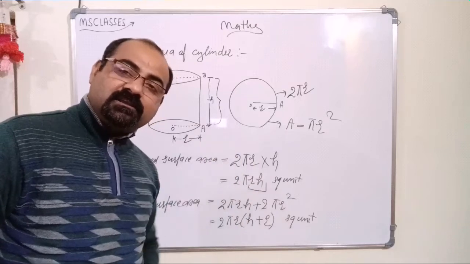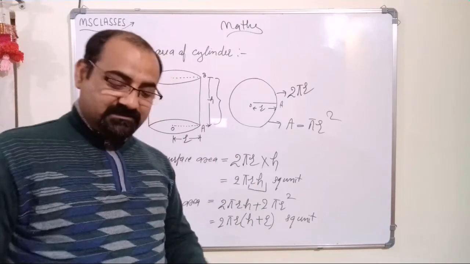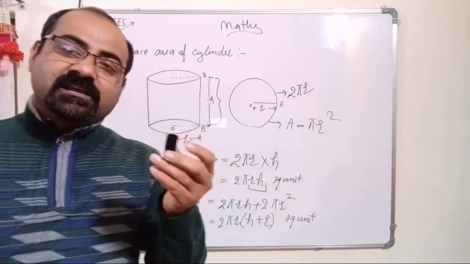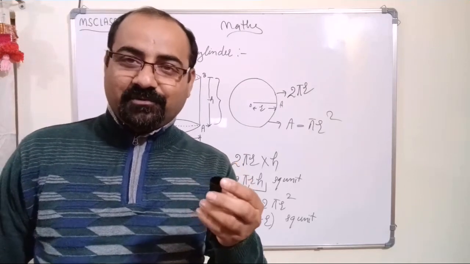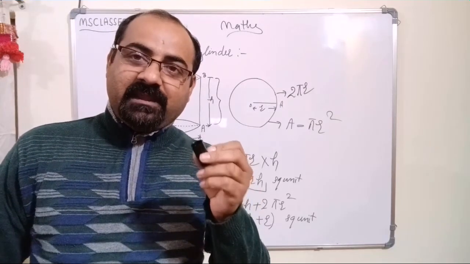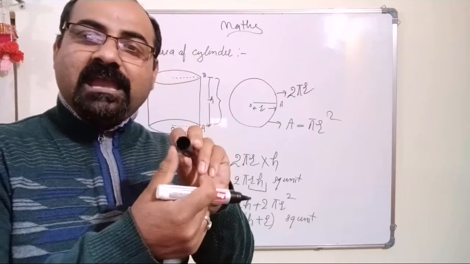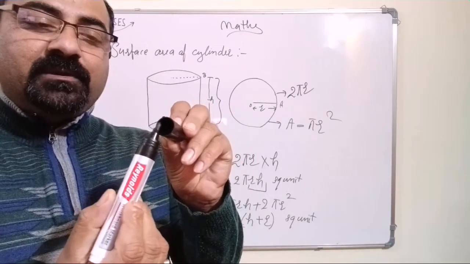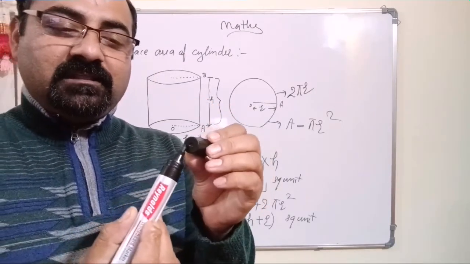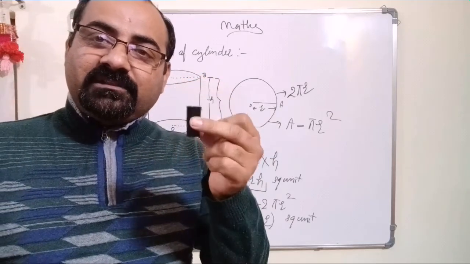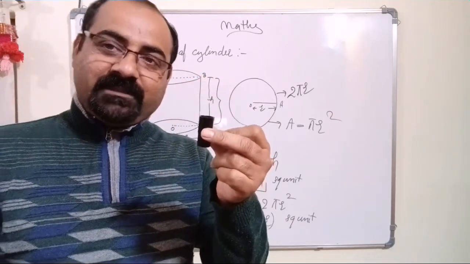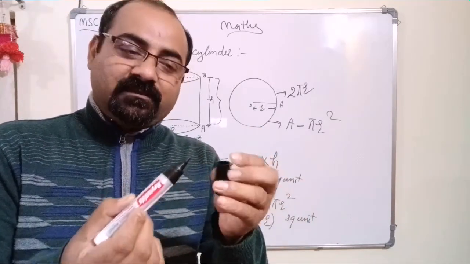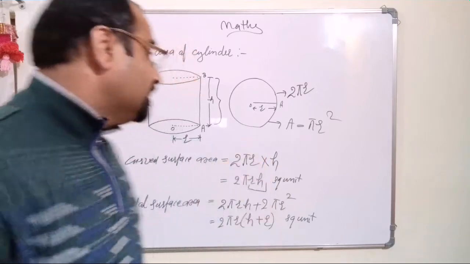Now guys, if we have a glass just like a cylinder, the upper end of the glass is open, like the cap of this pen. Its upper part is open and its lower part is closed. Then what is the area of this glass? It needs only the curved surface area and the area of one base, because the second base is open.